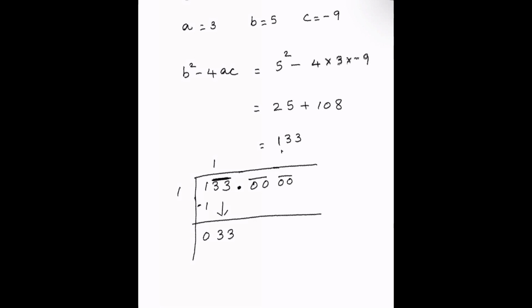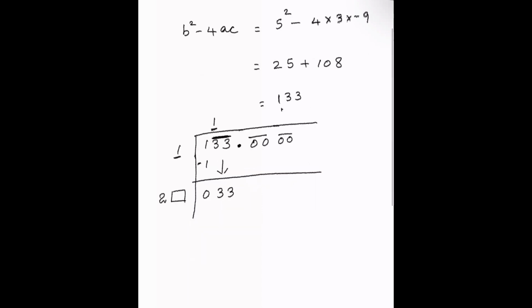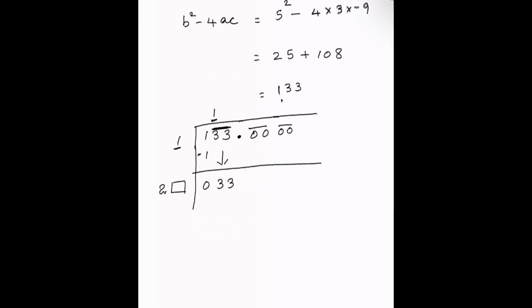Now this one and this one you need to add, and you are getting 2. 1 plus 1 gives you 2. Now you need to add a digit here. If I am putting 1 here, that 21 I am multiplying with 1 itself, so I get 21.